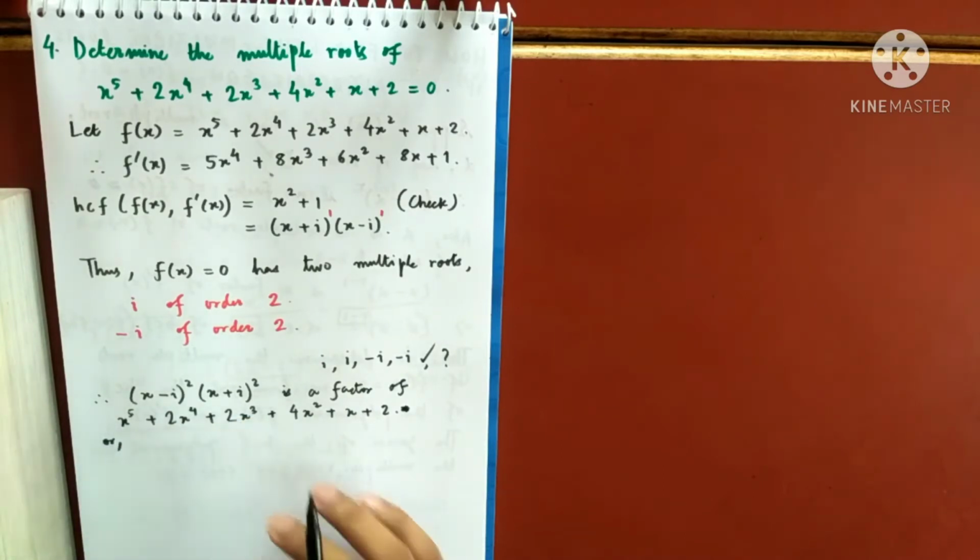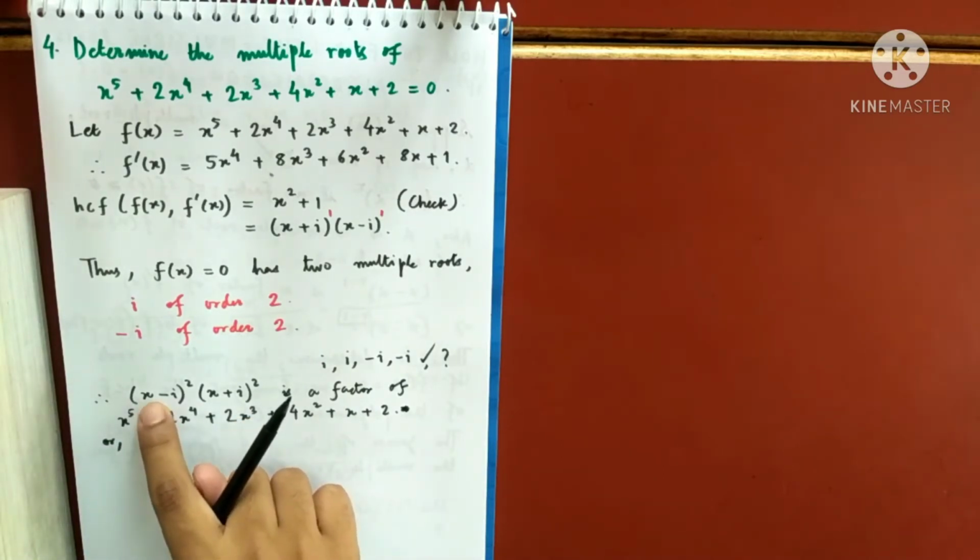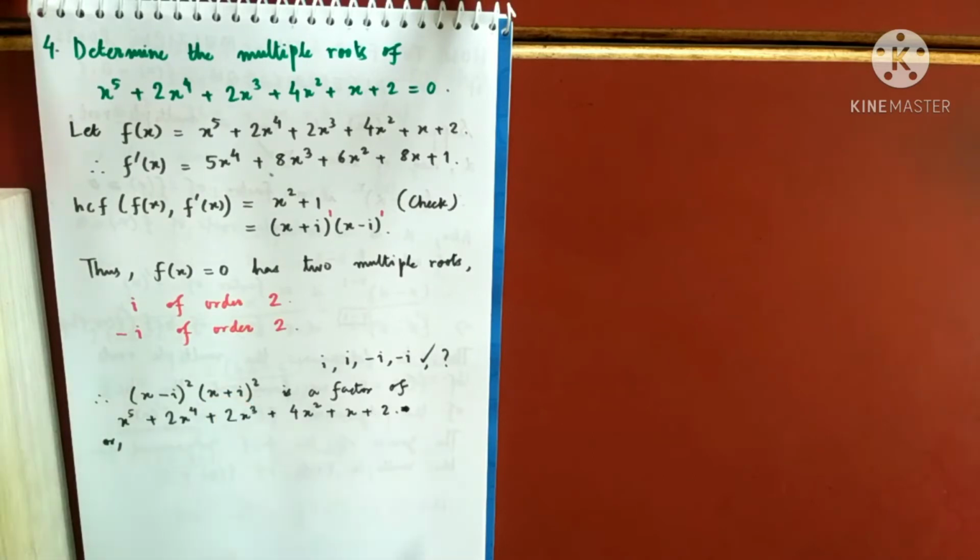Or you better simplify this. What is this? (x minus i) into (x plus i). You take the square common, so (x minus i) into (x plus i) is x square minus i square, that is x square plus 1.